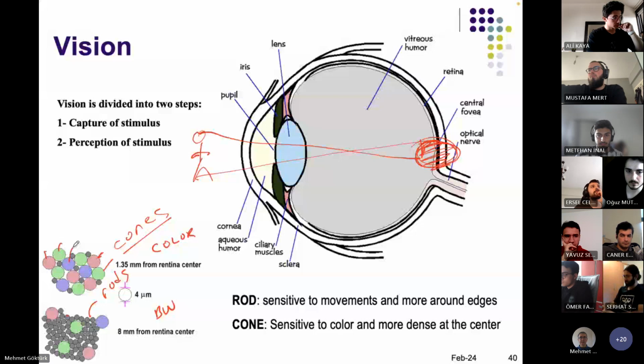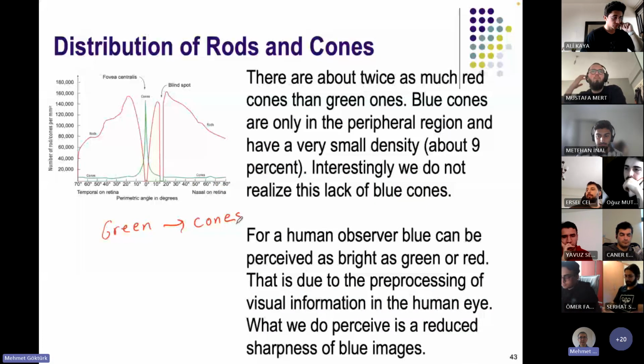There is an interesting part. The green corresponds to cones here, whereas reds correspond to rods in the graph.